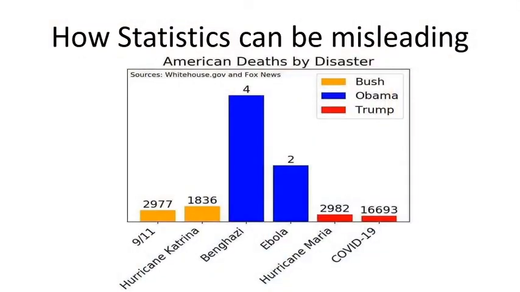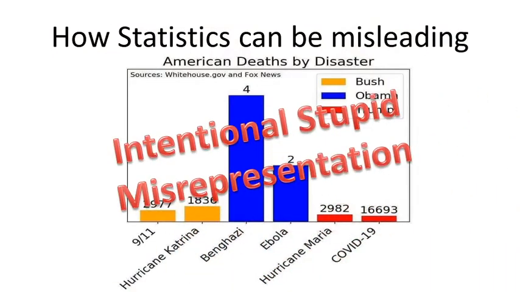But if you know anything, and I hope after watching these videos that you have the ability to easily notice this kind of stuff, you understand that this is just ridiculous. Whoever made this is just making a joke. They're just trying to be sarcastic. They're one of these cynical people that just likes to poke fun at how uninformed some people can be. So this is intentional misrepresentation just for the sake of a joke.